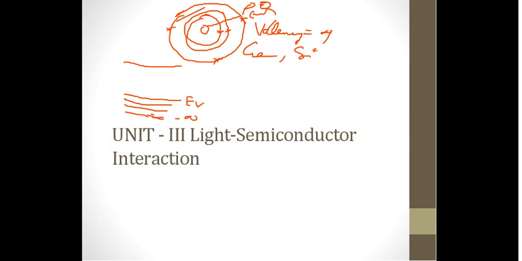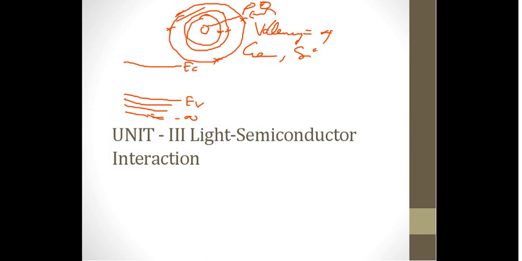In the outermost orbit, the electrons are more energetic. So this is drawn here in the form of an energy band diagram: minus infinity to EV, and when it starts to conduct, it moves to the conduction band.